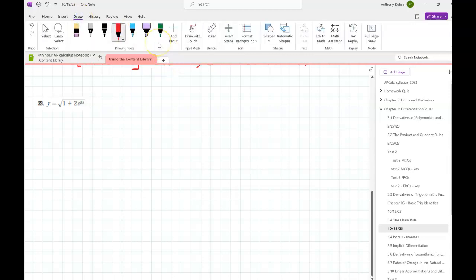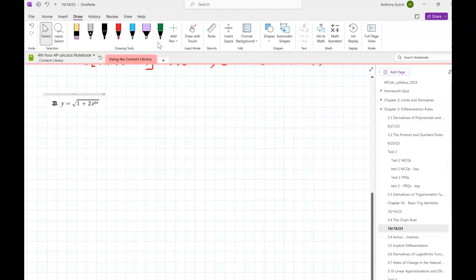All right, so we have y equals the square root of 1 plus 2e to the 3x. So again, what's the outermost function here? Square root of x. Yeah, the square root of x, or I'm going to think about really x to the 1/2.